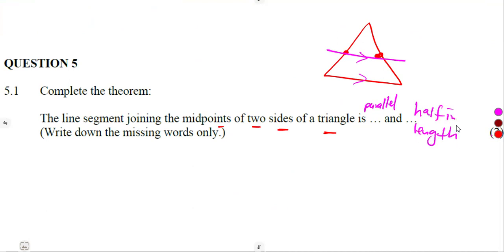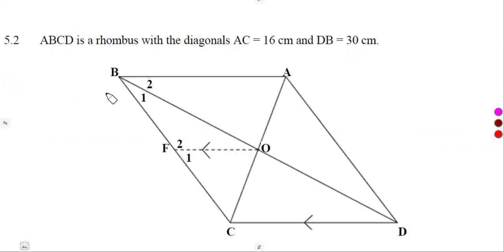So this one is half in length of the third side. That is how we work out the midpoints theorem.